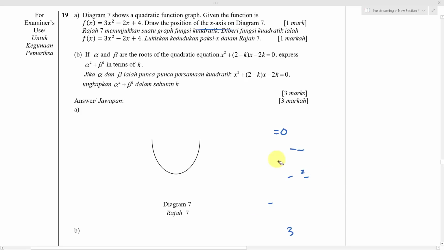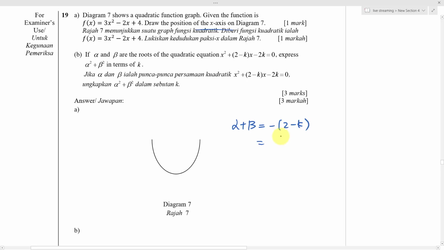Alright, so for part B over here, you have this equation, express alpha square plus beta square. Alright, this is sum of root and product of root. So I know sum of root should equal to negative of 2 minus k.